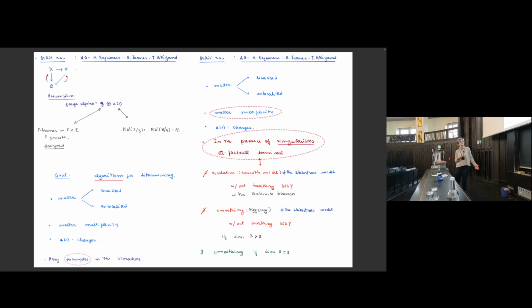Now, what's an example of this Q-factorial terminal singularity? We saw it today in various talks. We heard the word conifold. So the conifold is given by a local equation, a sum of squares. Typically for a threefold, x1 squared plus x2 squared plus x3 squared plus x4 squared equals 0. This is a local equation.